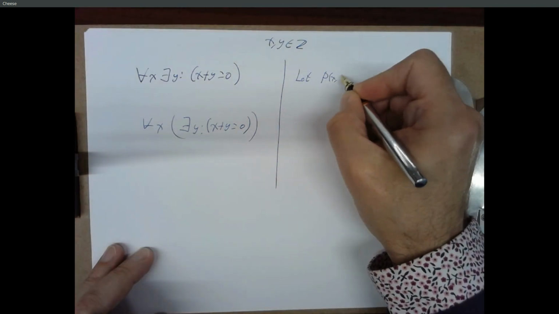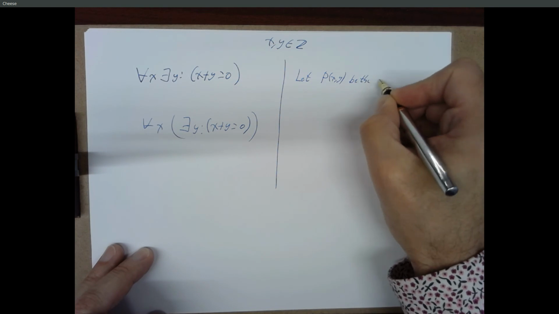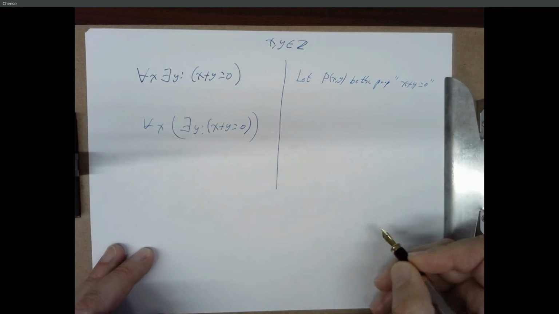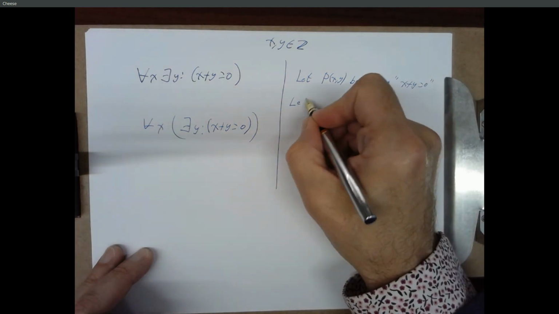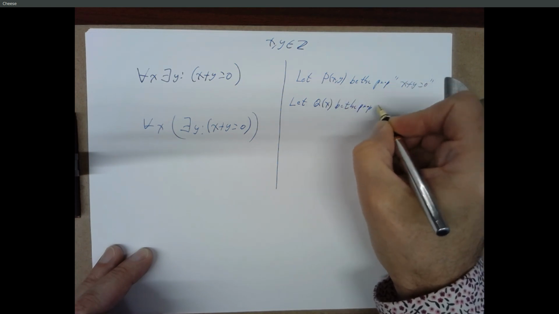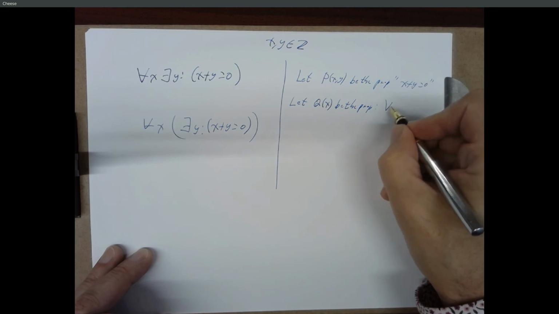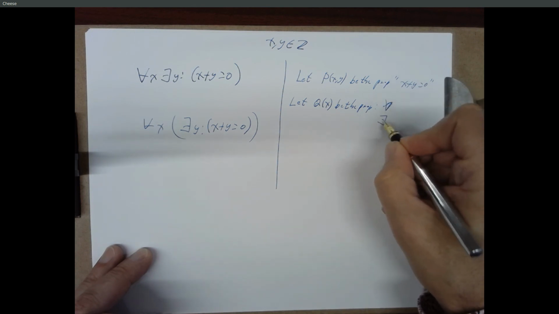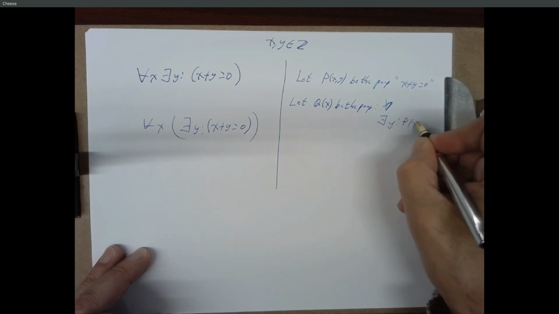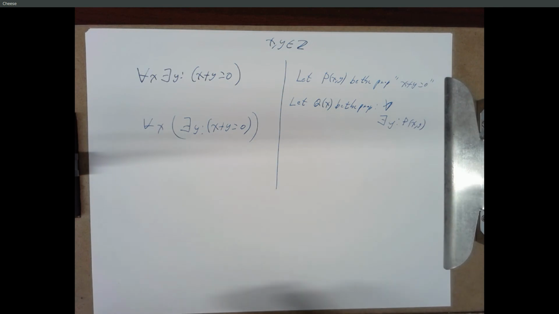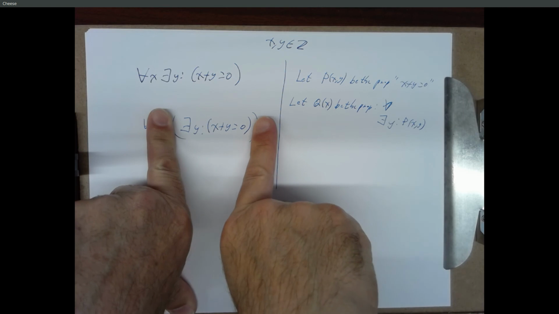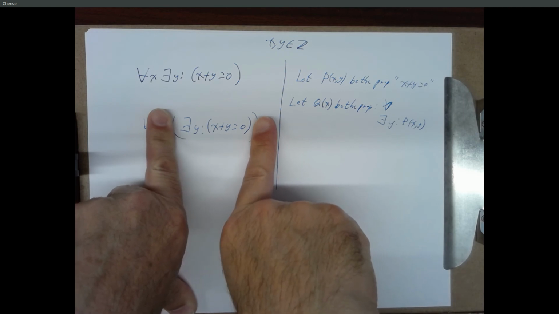Let P of x, y be the proposition x plus y equals 0. Let Q of x be the proposition there exists a y such that P of x, y. So this part right in here, there exists a y such that x plus y equals 0, that's a proposition that depends on x, right?